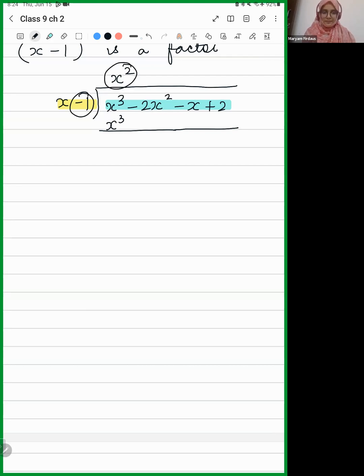What do we get? 1x cube, minus 1x cube, minus 1x square. Where should I write it? Over here? Yes, ma'am. Minus 1x square.